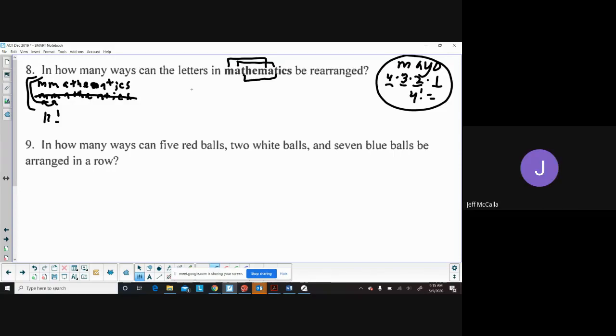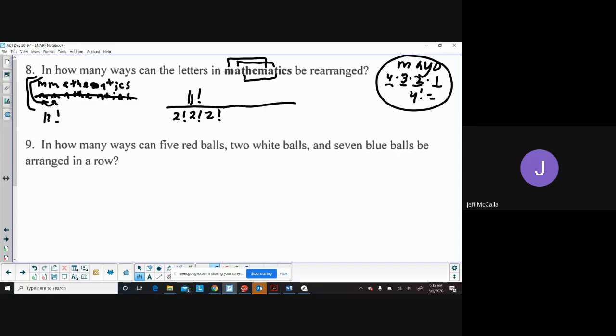So what you have to do is put 11 factorial up in the numerator, and then divide by n1 factorial and so on. For the M's, I'm going to put 2 factorial, because there are 2 of them. The A's are 2 factorial because there are 2 of them. There are 2 T's, so that would be 2 factorial.